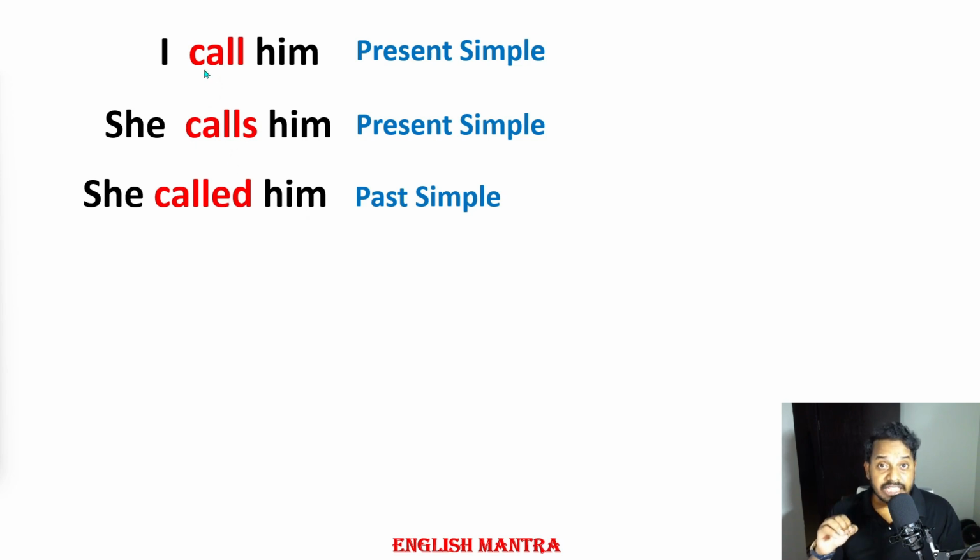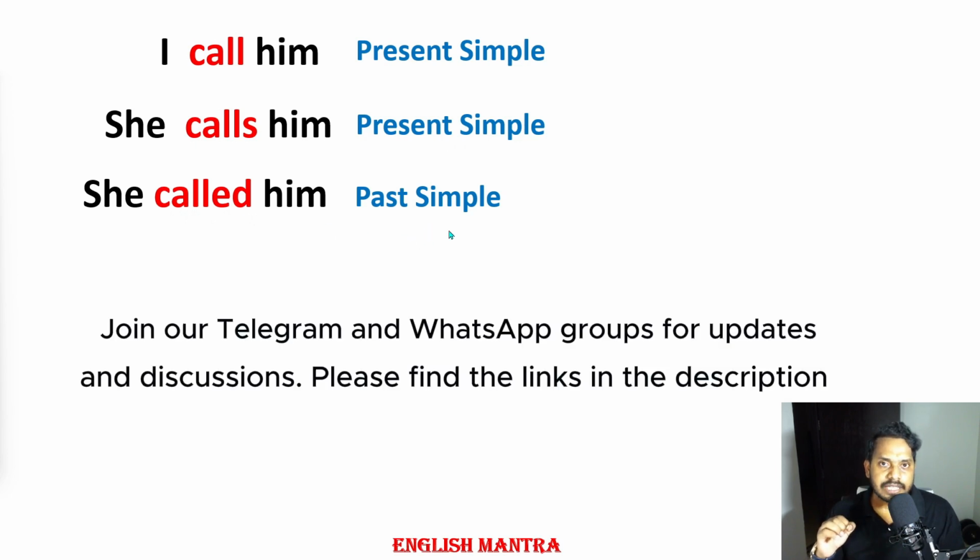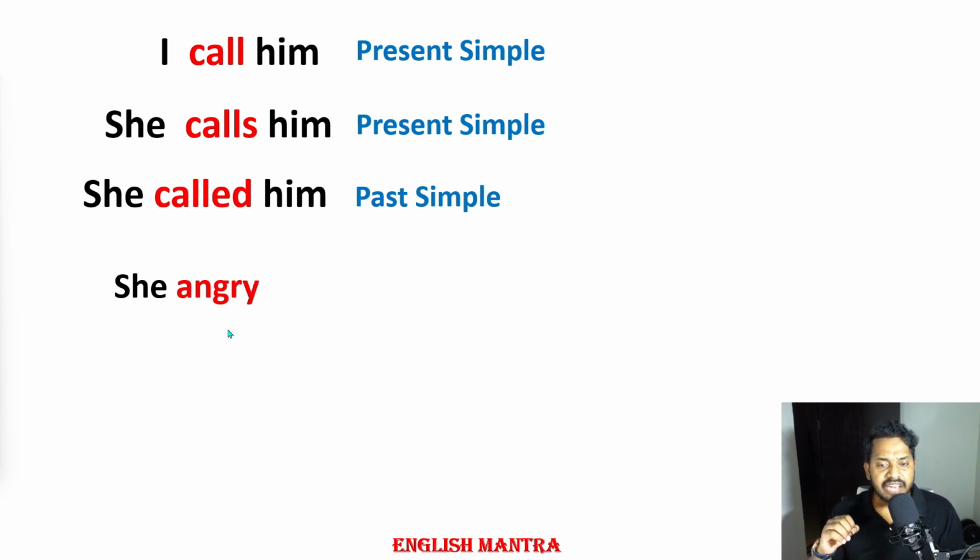Whenever the verb is in its base form or third person singular form, I mean whenever the verb is in V1 or V5, then we say that the sentence is in simple present, and if the verb is in its past form, I mean V2, we say that the sentence is in simple past tense, right? But what about this sentence? She angry. Is this in simple present? And she angered. Is this in simple past?